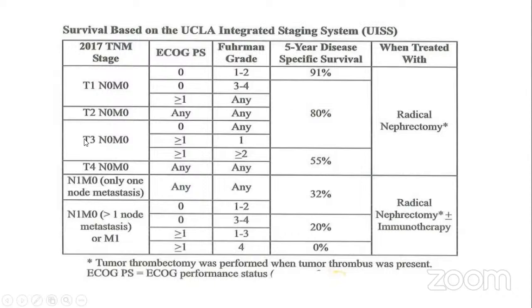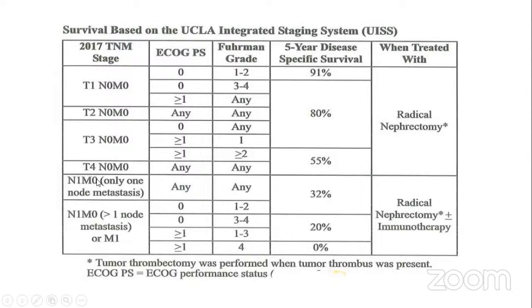But remember the T3 with ECOG more than 1 and grade more than 2, here the percent is 55%, and also it's treated by radical nephrectomy, as well as T4 and N0M0, any, the survival is 55%. This is for T4 with any grade or any ECOG PS. So it is 5-year survival, and radical nephrectomy is an option.